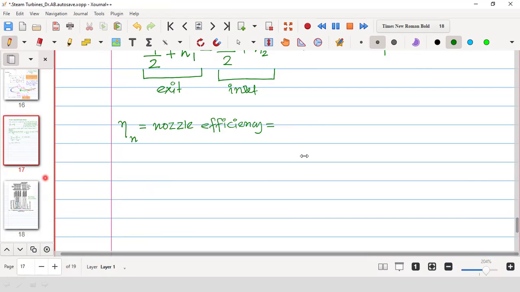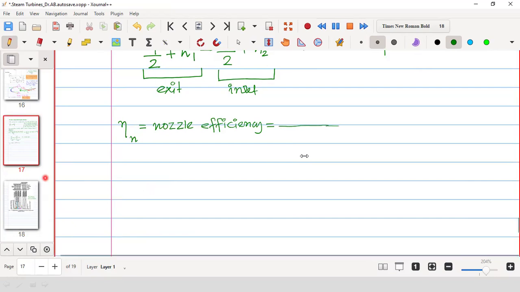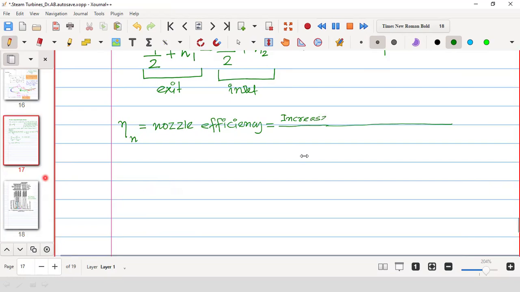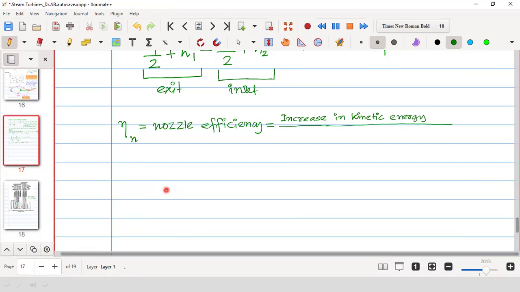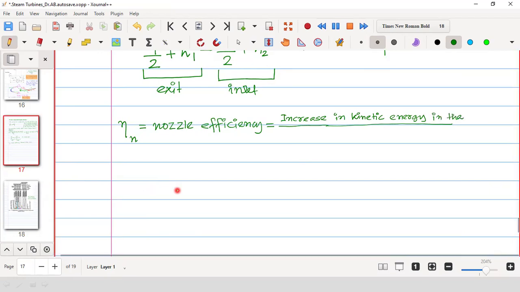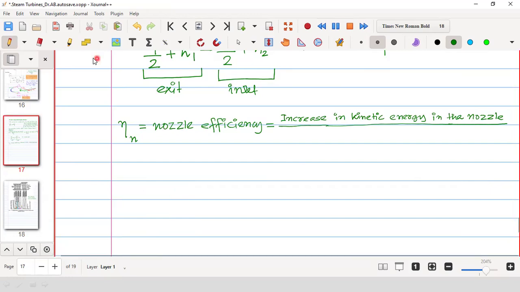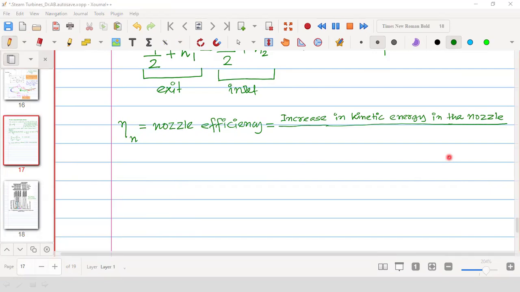Nozzle efficiency is defined as the increase in kinetic energy in the nozzle divided by the isentropic enthalpy drop or adiabatic enthalpy drop, that is, the adiabatic heat drop.